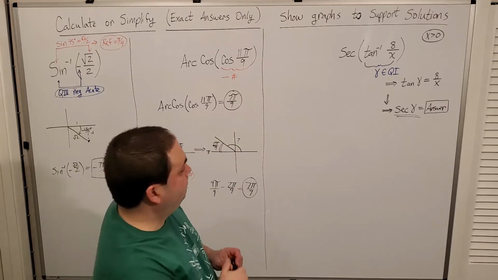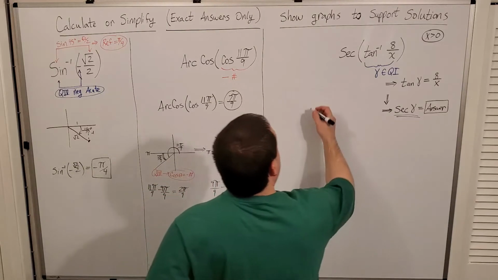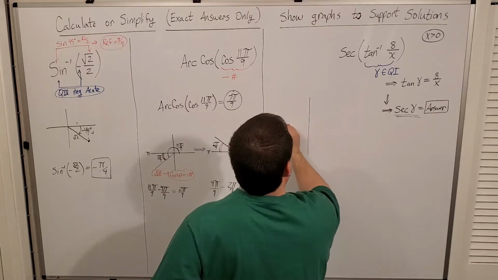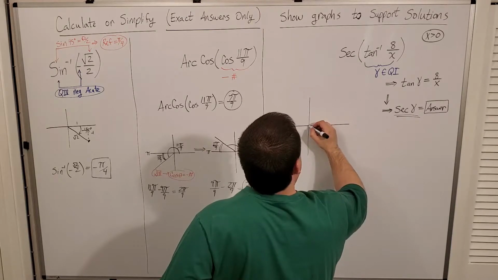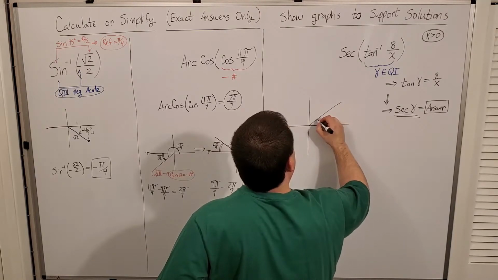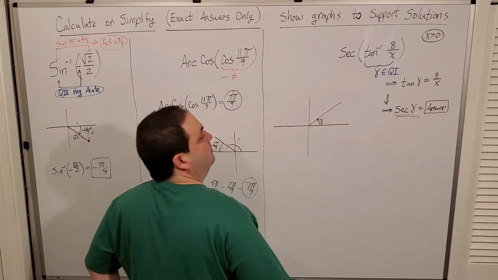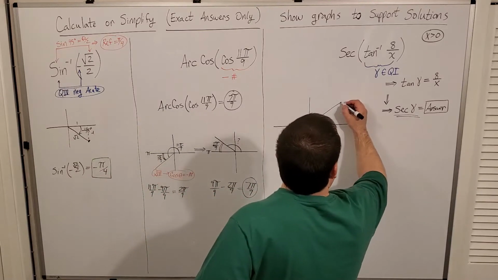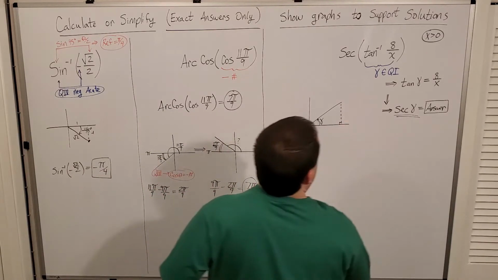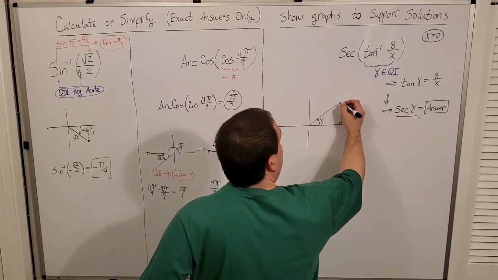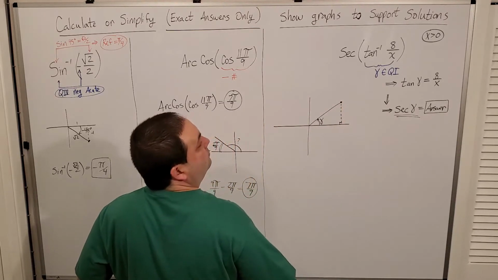So let's start out by drawing it up. In quadrant 1, I'll have some angle, gamma. If I set up the triangle for this, this is the x and y point right here.